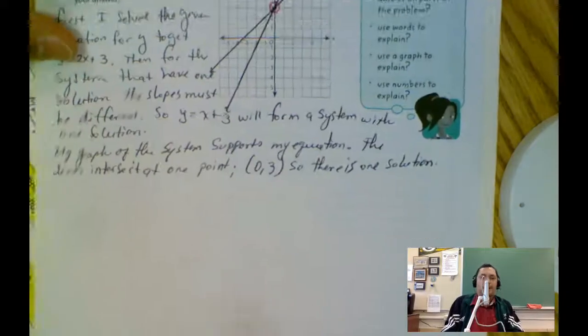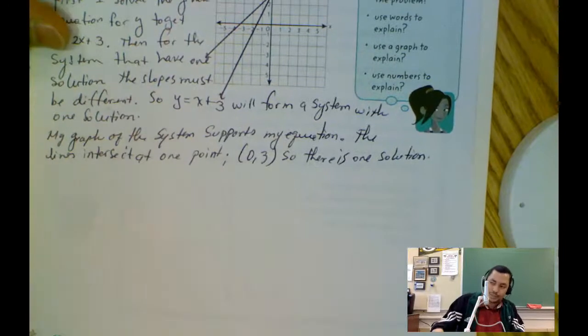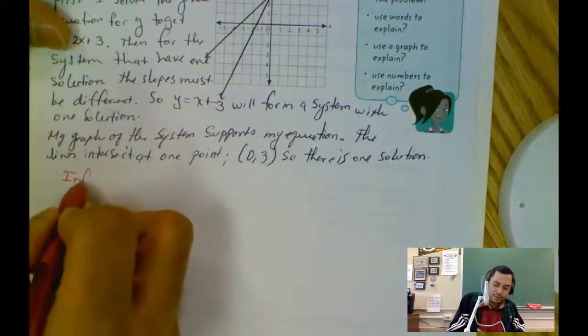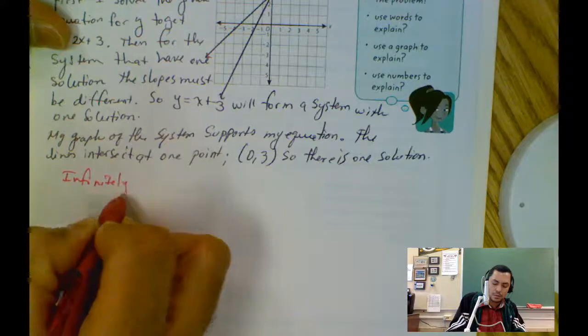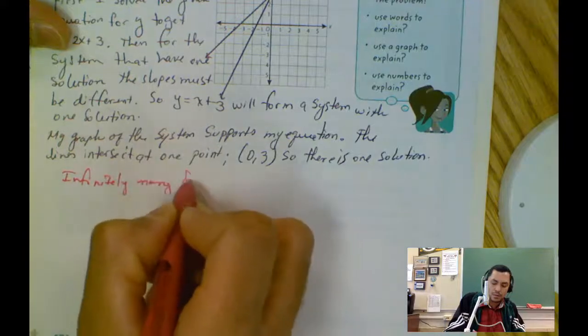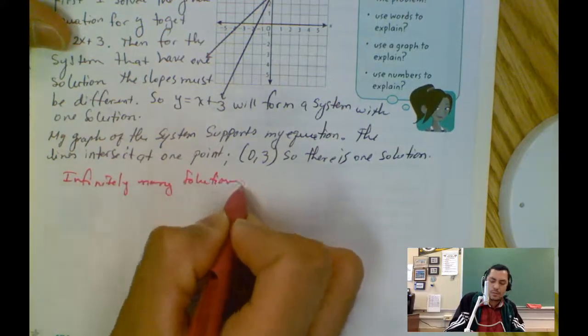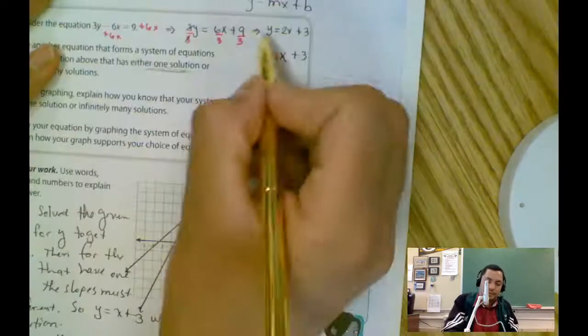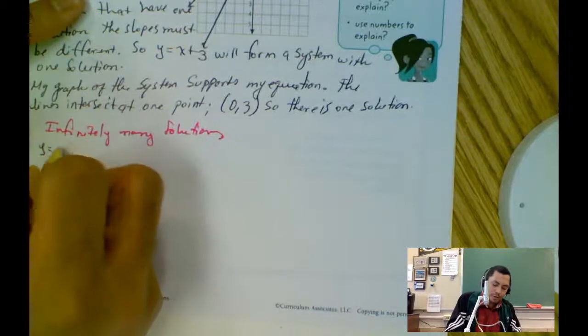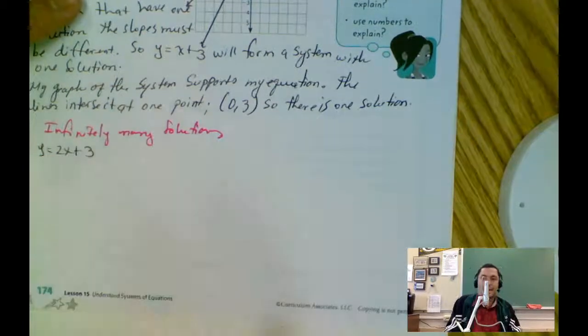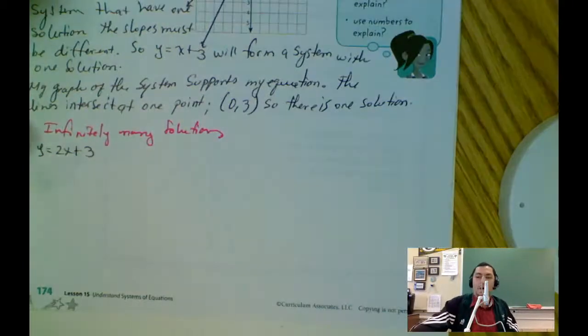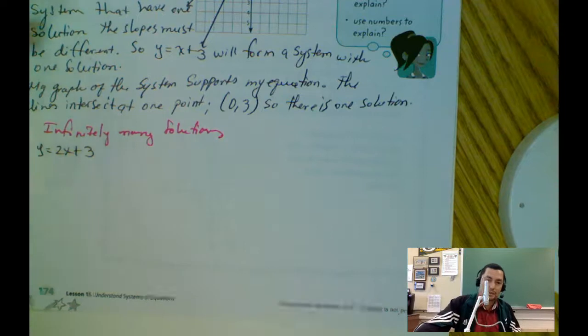Okay. If you do infinitely many solutions, then remember the first equation is y equals 2x plus 3. And to have infinitely many solutions, we need the same slopes and the same y-intercept.